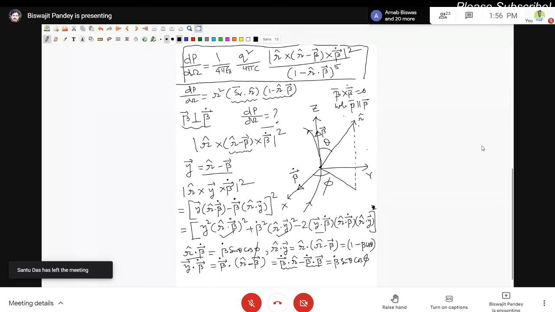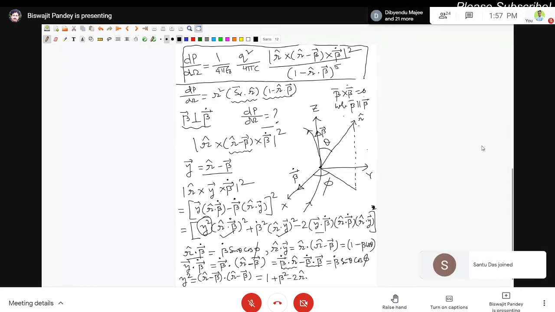So I think we have already calculated all the terms. Another term is y square, so let us work that out. Y square is simple. Y square is r cap minus beta dot r cap minus beta. So basically this is just a dot product. So r cap dot r cap is 1, beta dot beta, minus minus plus, so 1 plus beta square, and then we have a twice r cap dot beta term.